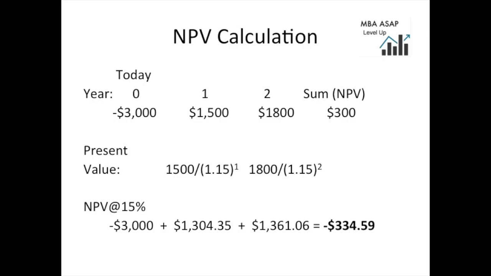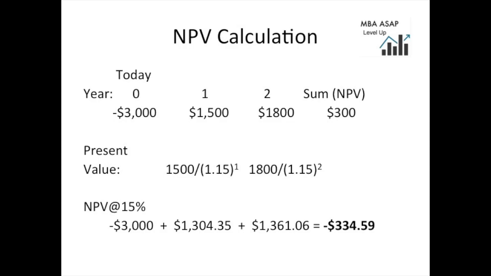In year two, the $1,800 would be, for the present value, $1,800 divided by 1.15, that's 1 plus the interest rate of 15%, right, to the second power, squared. That number comes out to be $1,361. So now the money coming in, expected in present value at 15%, is less than the $3,000 by $334.